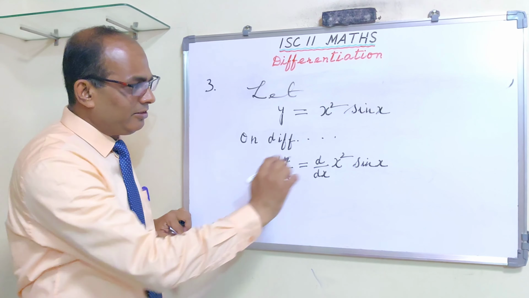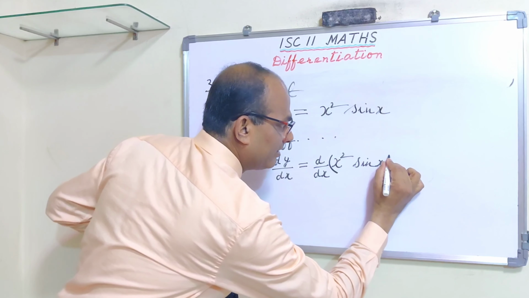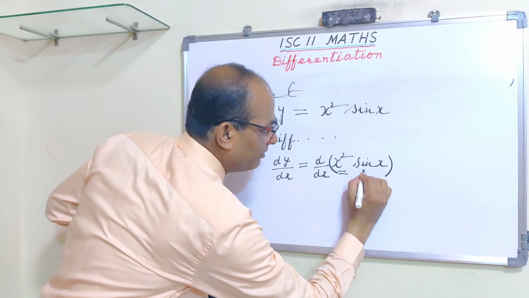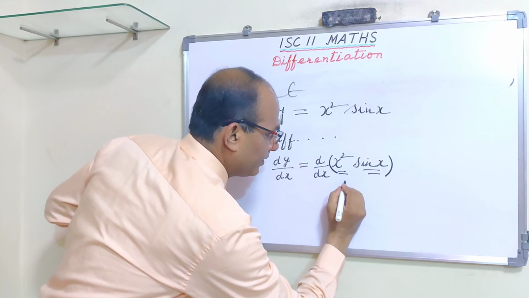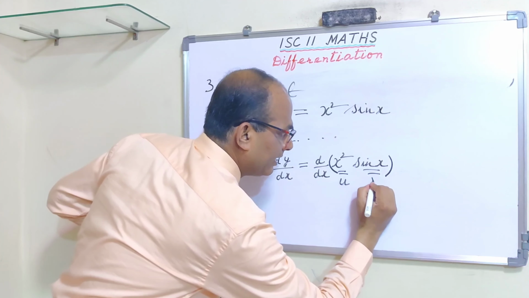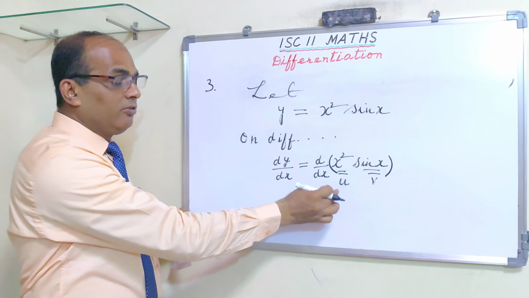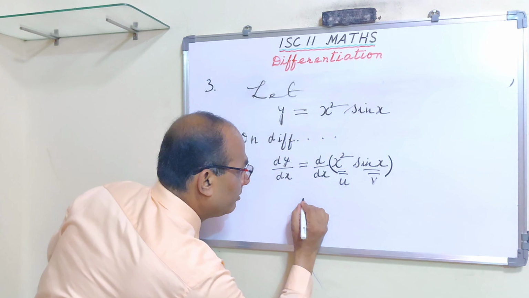Again this is of the form uv. This we can take as u and this we can take as v. Again, first function into derivative of second plus second function into derivative of first. Let's apply the formula.